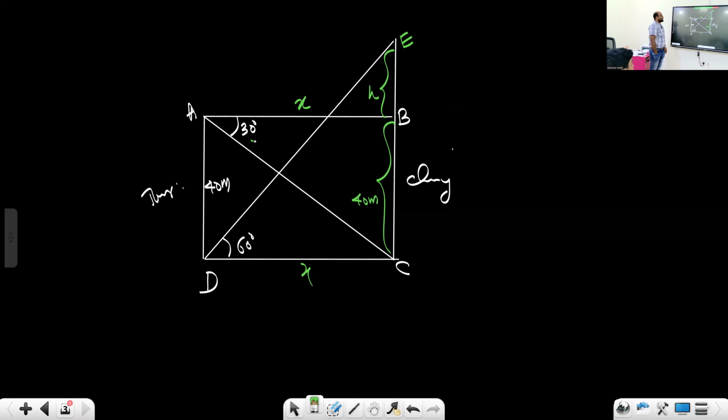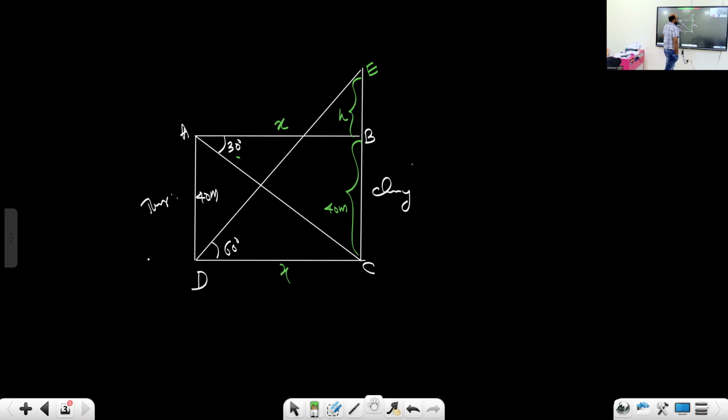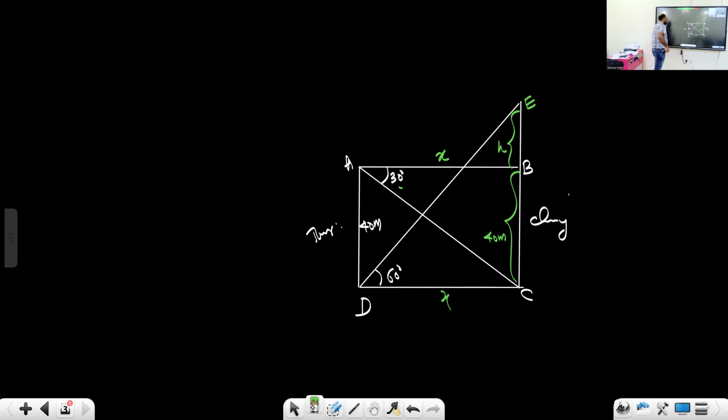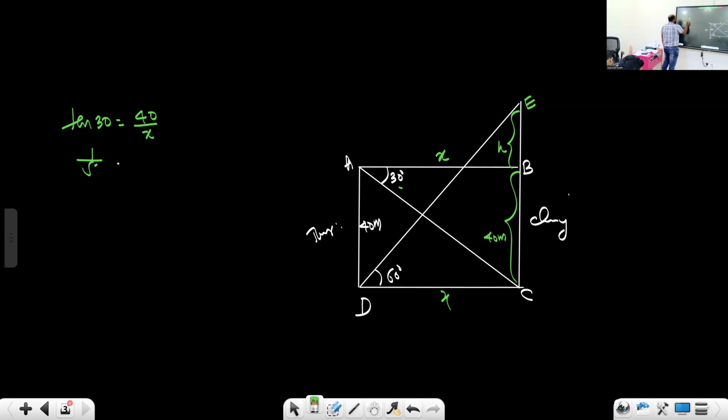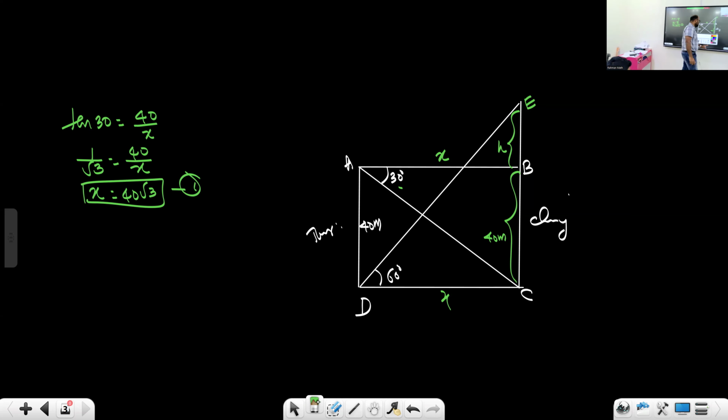In triangle ABC, tan 30 equals 40 by x. What is tan 30? 1 by root 3. On cross multiplication, x equals 40 root 3. Equation number 1. Radhika, which triangle are we taking next?